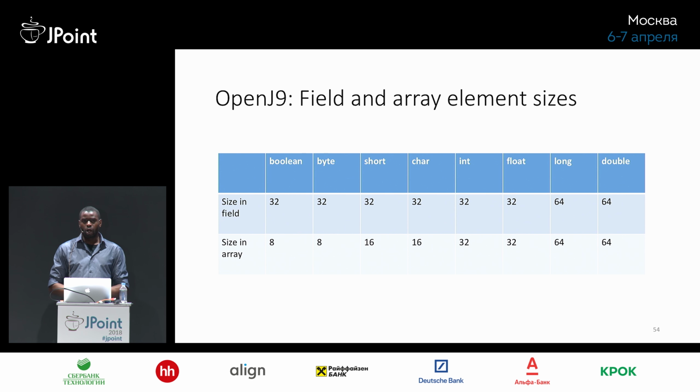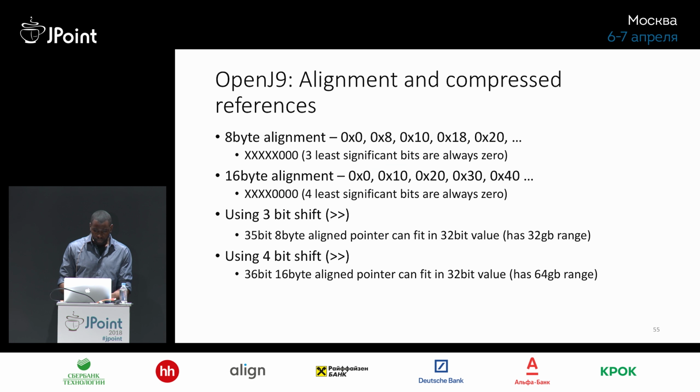Ideally, we would always use 32-bit pointers, but 32 bits limits you to a 4 gigabyte range, and nowadays it's not uncommon to get heaps going to 100 gigs or even larger. So 64-bit JVMs give us more range, but they do double the size of references. So ideally, we want something that combines the best of both of those. So that's the third option.